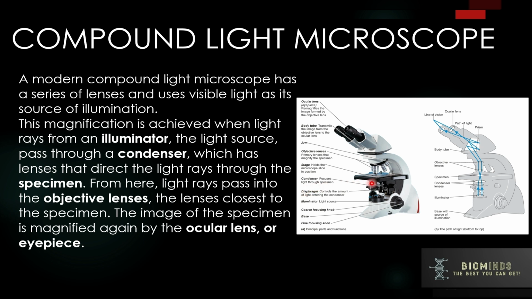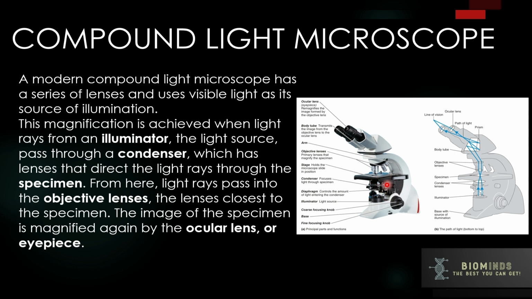The important parts we will see are the stage, objective lens, the arm that we use to hold it, the body tube, and the ocular lens. So the first important part is the illuminator, where we get the light source. It can be your artificial light source, or it can be natural sunlight.